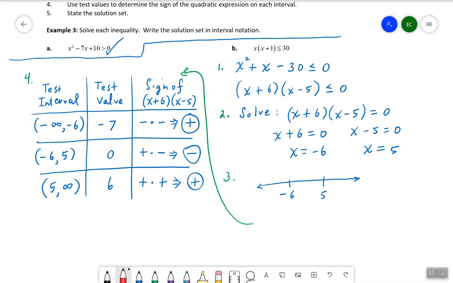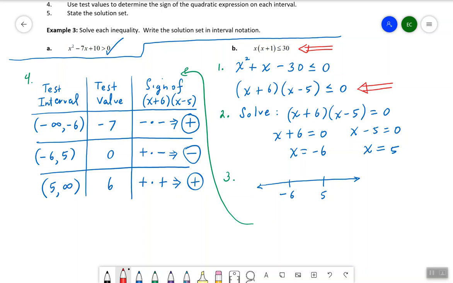Here's the problem we were given, and then here's the equivalent form that we've been working with ever since. And so what we're asking is, when is the product less than or equal to 0? We already know when it's equal to 0. That's at the edges of those intervals at -6 and 5.